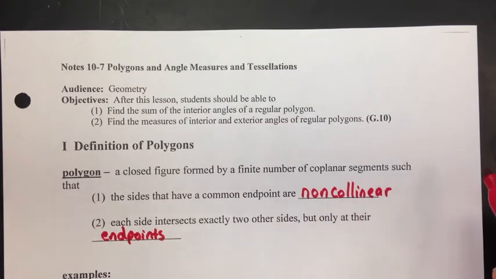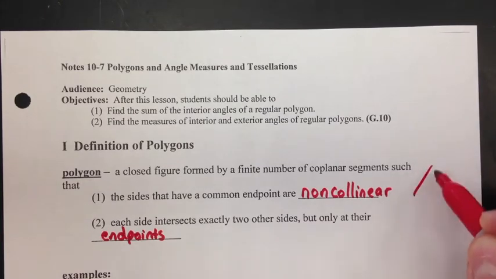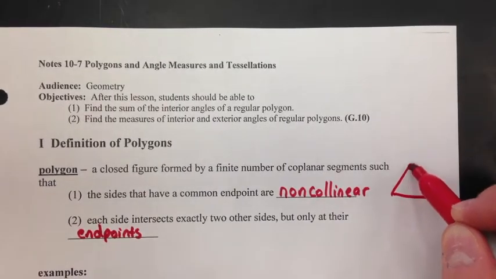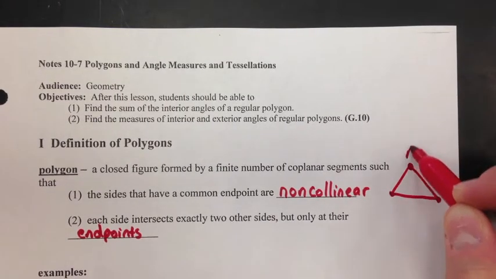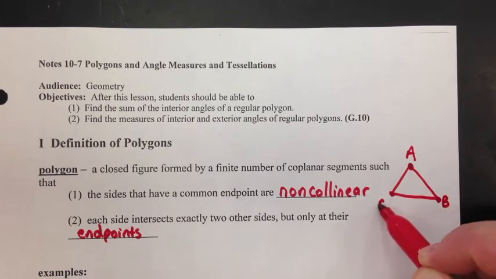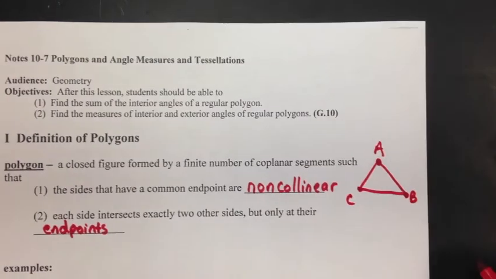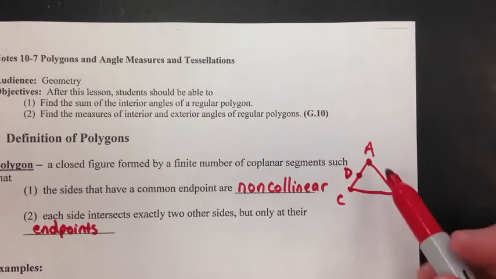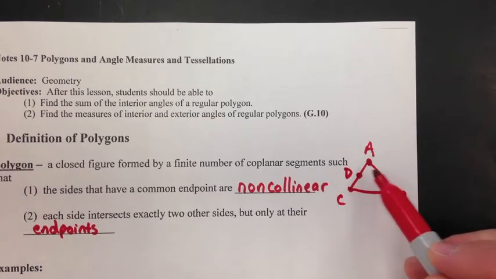All right, so for example, if I take a triangle, that's a polygon. I can put 3 points on there and name them A, B, C. If I put a fourth point on here, let's say I put one here and call that D, did I just make this a four-sided figure?